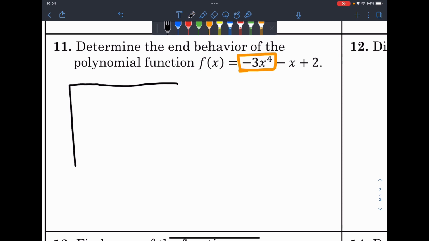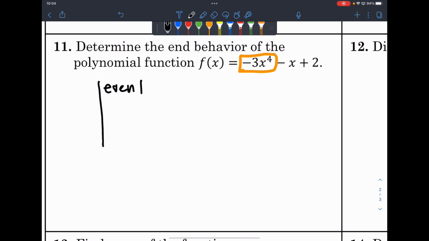And what we need to recall about the leading coefficient test is that whenever this number here is an even value, the graph is going to create, again, something that's symmetrical through the y-axis.